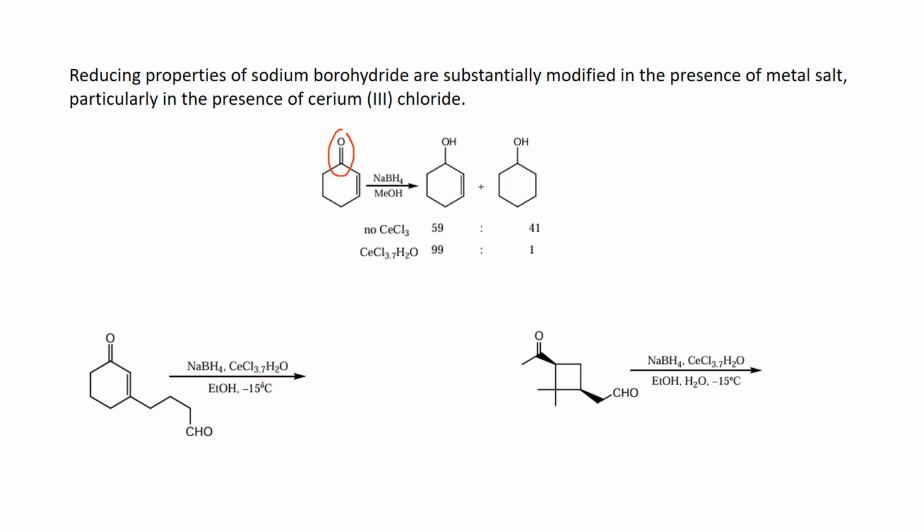Similarly, if we add NaBH4 and cerium chloride to this compound containing an aldehyde as well as an alpha beta unsaturated aldehyde, what will happen in this case? Can you guess?